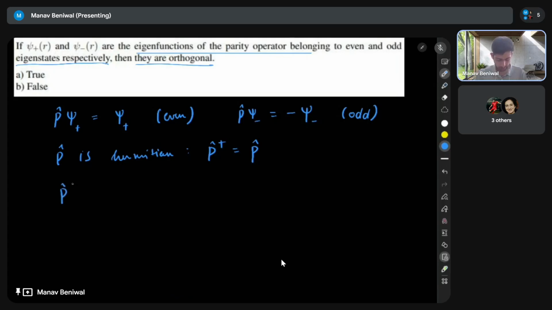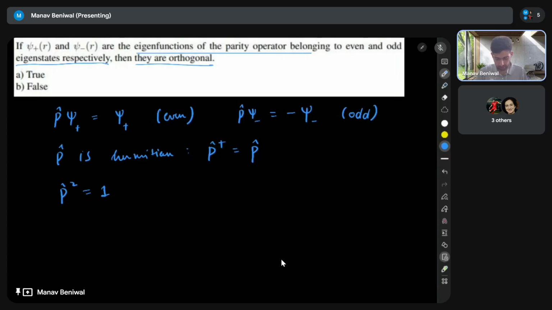One more thing is that p squared is 1. If we operate parity twice, we get back to the same thing, right? That is why p squared is simply 1.